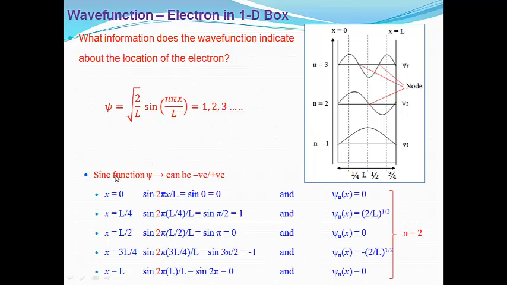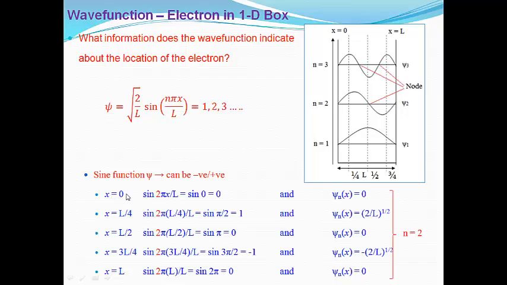Importantly, we should know from basic mathematics that a sine function can have negative, positive, and a 0 value. Alright, and we'll see that essentially. So if x is equal to 0, we are looking at x equal to 0 right here at the start of the box. What is psi? Let us choose a particular quantum number n. n is equal to 2. Alright, so we plug in n in our sine function, and we have our L in our sine function, we have our x value in our sine function.